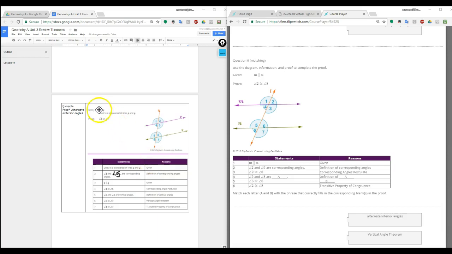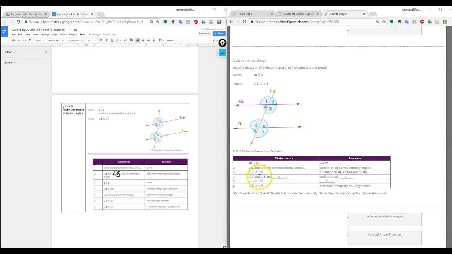We are given that line P is parallel to line Q. Then it says, in our example, definition of corresponding angles. In our question 9, angle 2 and angle 6 are corresponding angles. That's true. Definition of corresponding angles. Then it goes on to state that angle 2 is congruent to angle 6, corresponding angles postulate.